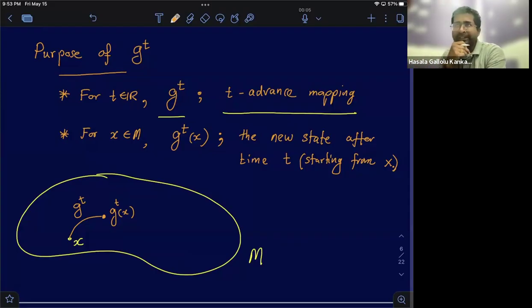Now let's think about doing it like this. Somebody decides to start from point X and to spend t units of time. So it is basically using GT and getting to this endpoint, the destination.